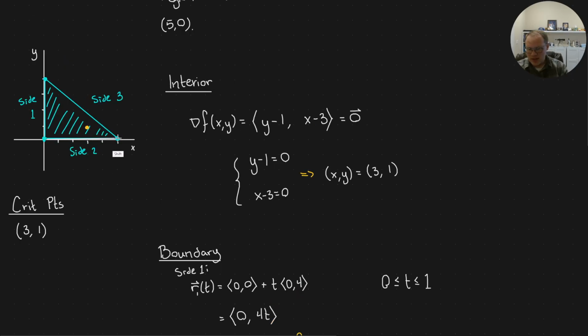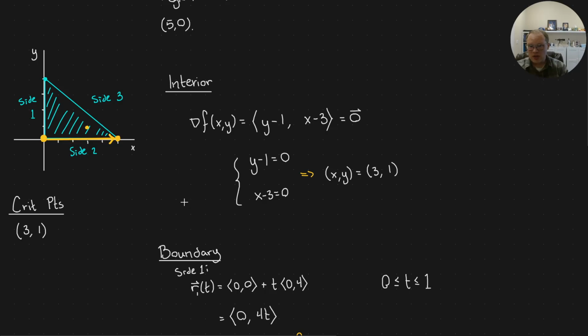If I'm looking at this line, let me scale up the size a little bit. I want to start at 0, 0. So that's probably the easiest point. And I want to end at 5, 0.